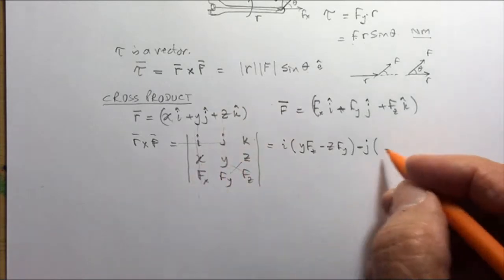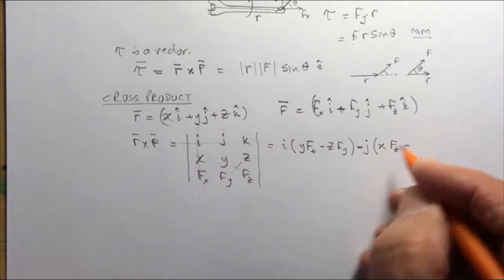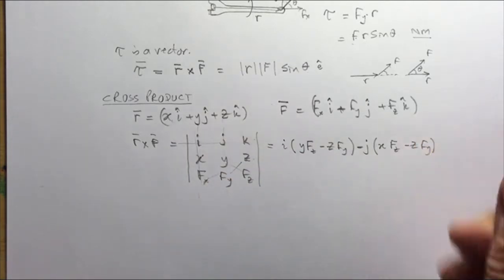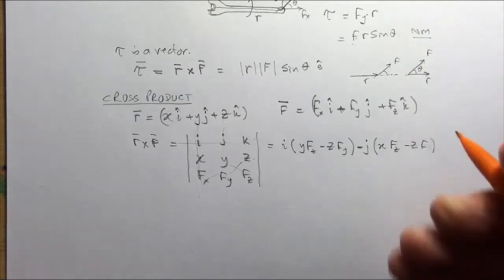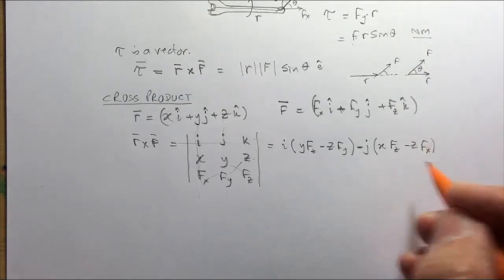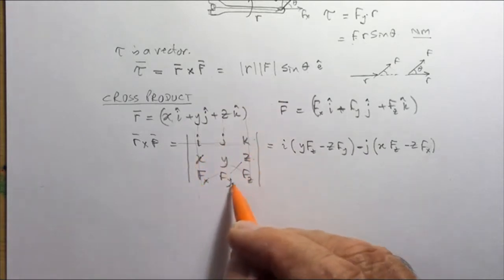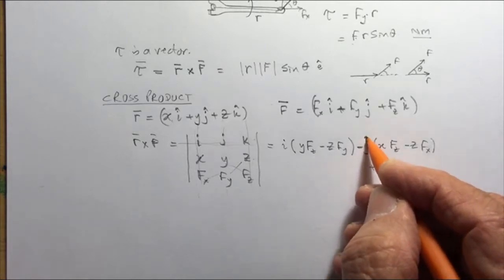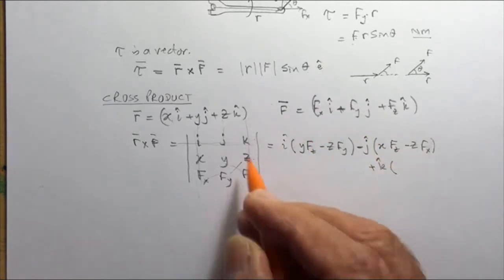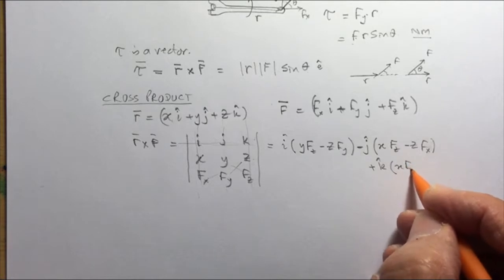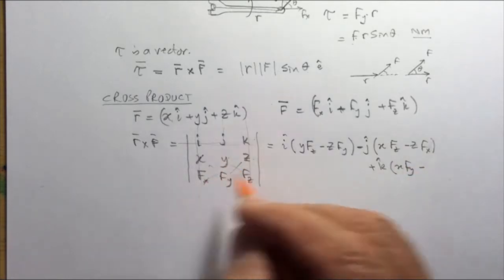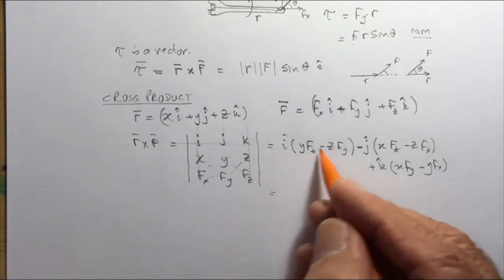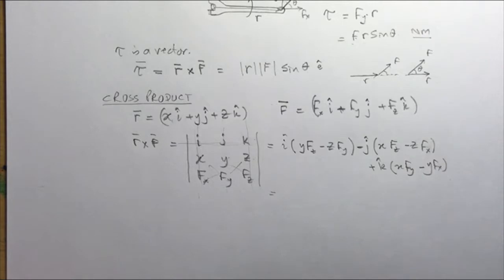And then we'll have x times fz minus z times fx, sorry. And then the third term would be this little determinant, going to be k, and well, these are all unit vectors, and it's going to be x times fy minus y times fx. And well, this can be simply put in the numbers and simplified.